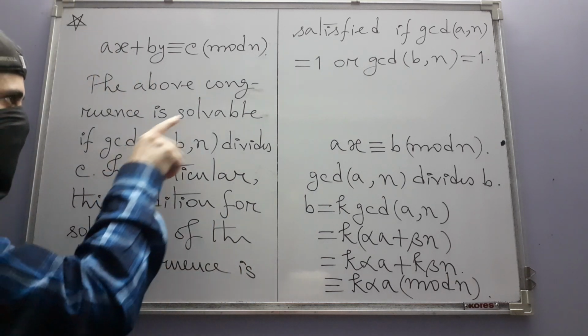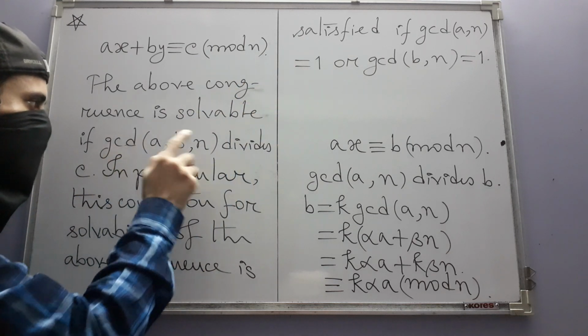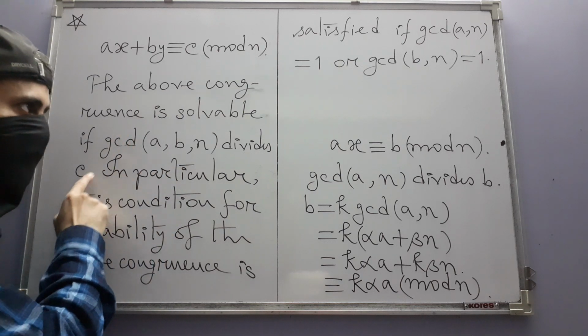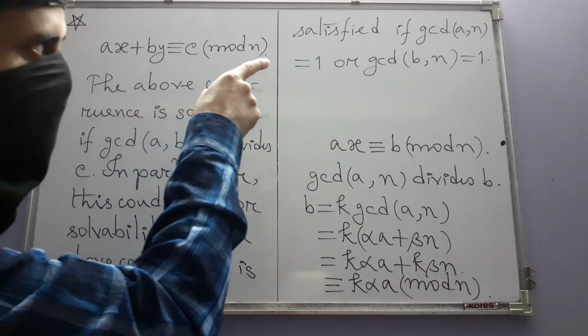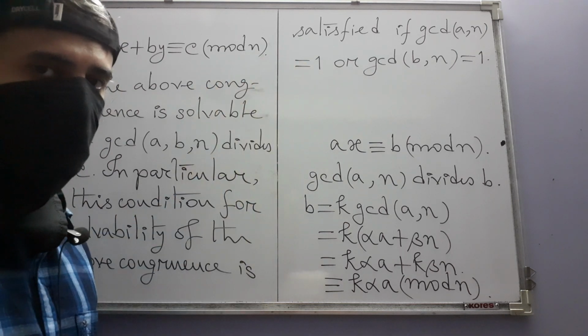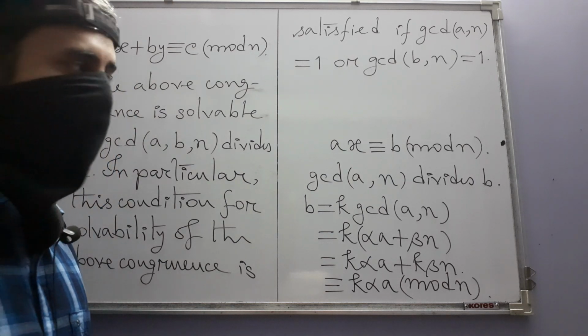So automatically in that case, if GCD of A and N is 1, GCD of A, B and N will also be 1, and 1 of course divides C, and that is also the case if the GCD of B and N is 1. So if any one of these two things is true, then our congruence is solvable.